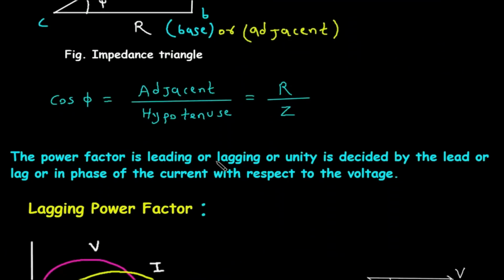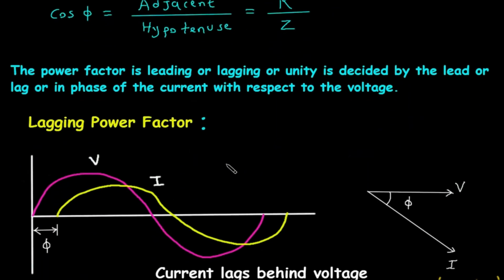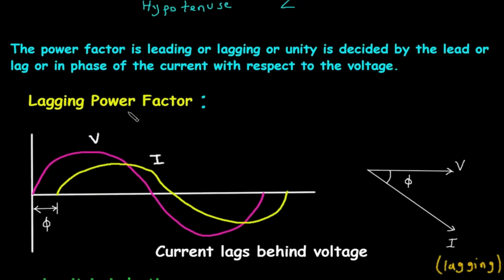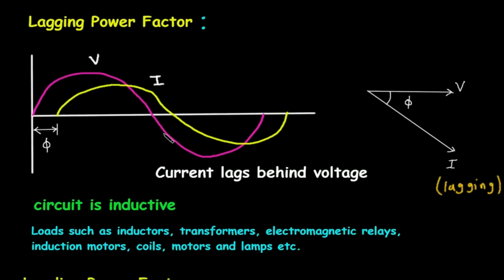Whether the power factor is leading, lagging or unity is decided by the lead, lag or in phase of the current with respect to the voltage. In case of lagging power factor, current lags behind voltage. Here we can see current lags behind voltage. So here this is phi, this is voltage and this is current.